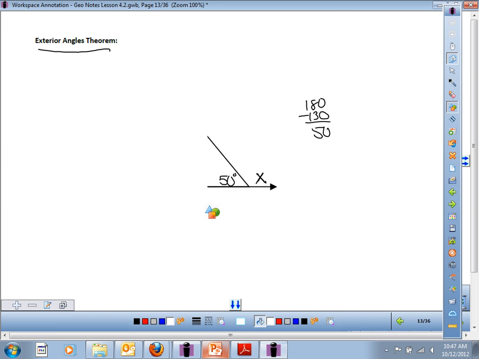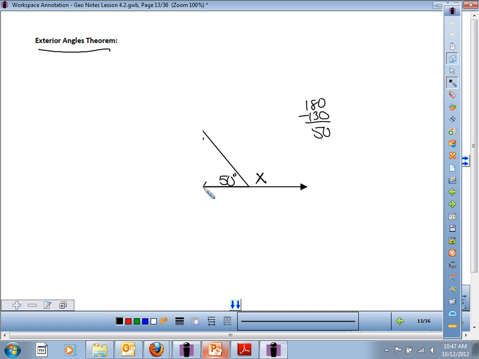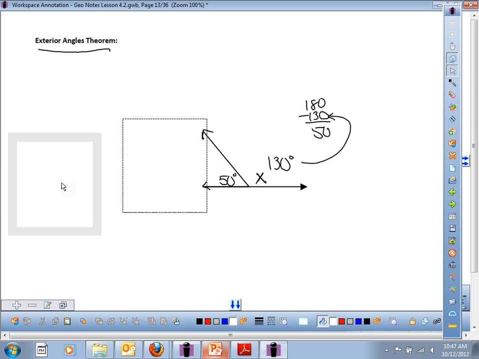We're going to go back to chapter 2. If we look at these two angles right here, now I can extend this out a little bit, they form a linear pair. So if this guy is 50, then this guy over here has to be 180 minus 50, which ends up being 130 degrees. How about that? We already had that number once.